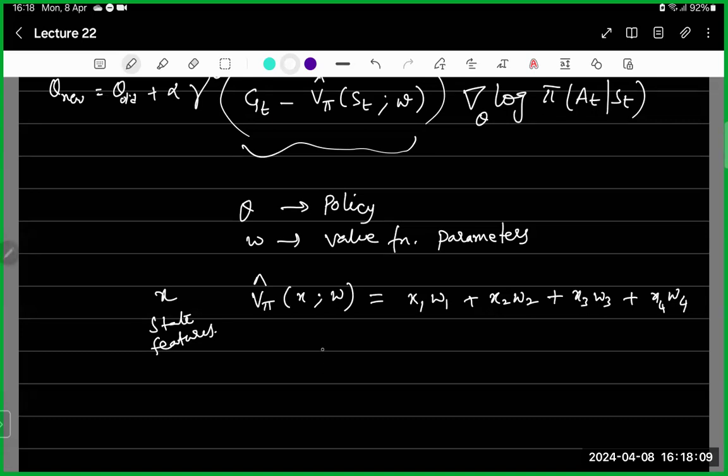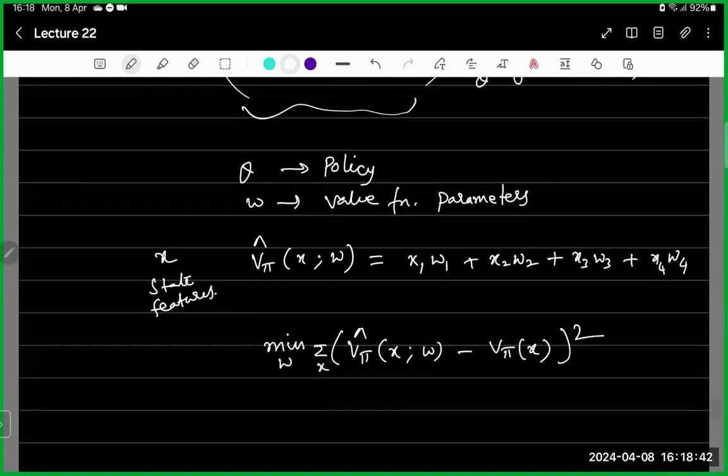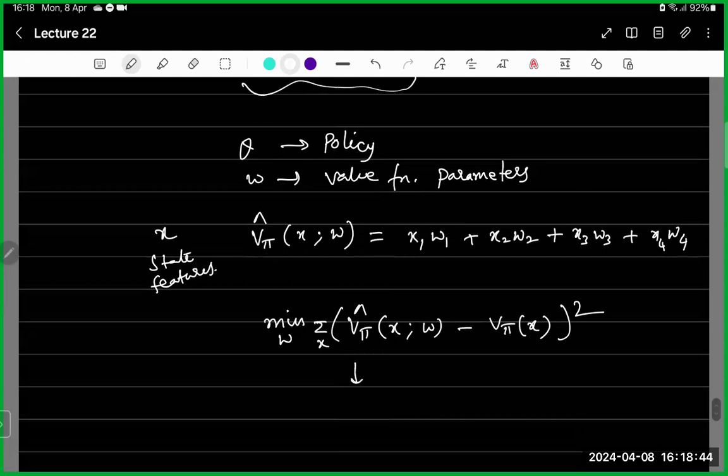We have to minimize the loss function for W. What is the loss function that we generally use for the value function? That is V pi hat of h, W minus V pi of h, which is the true value function, squared. We want to find the W which has the least possible error over all possible states. So how can we do gradient descent?